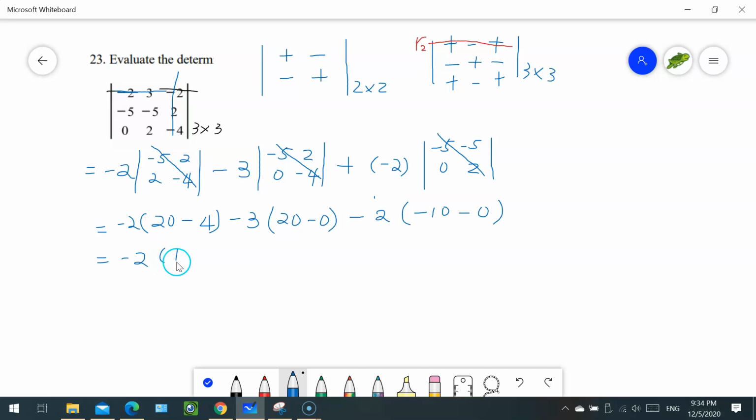Subtract these two, you get 16 minus 3 multiplied by 20 minus 2 multiplied by negative 10. Then you have negative 32 minus 60 plus 20, which is negative 72. Negative 72 represents the determinant value of this 3 by 3 matrix.